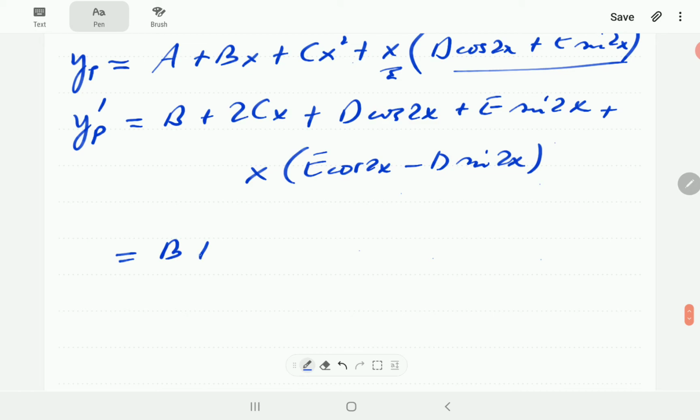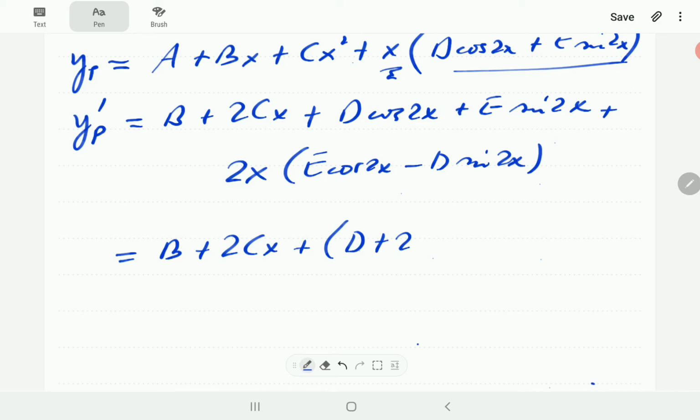So we're going to have b plus 2cx. The cosine term is going to be d plus, there is going to be a factor of 2 with each of these, so 2ex there.